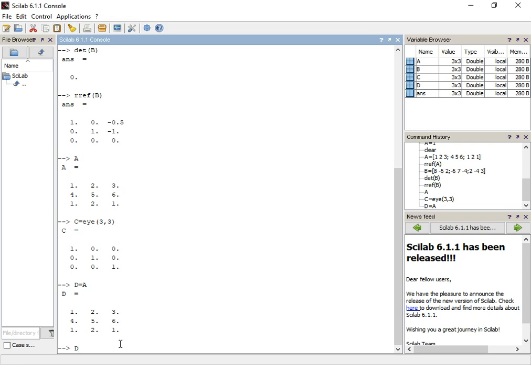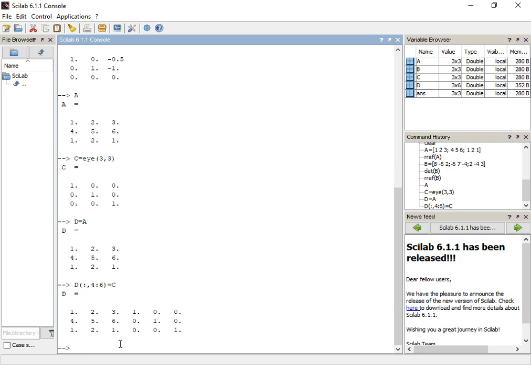So how to do that? You know that for adding columns we perform the matrix operation in this way: D in brackets, colon, comma, fourth to sixth columns are entries from C. So let me write C. Correct.